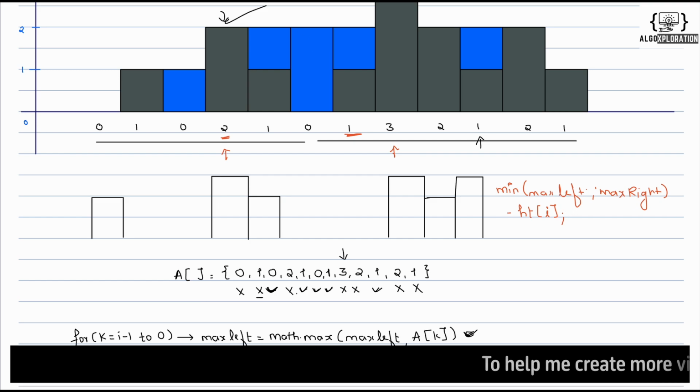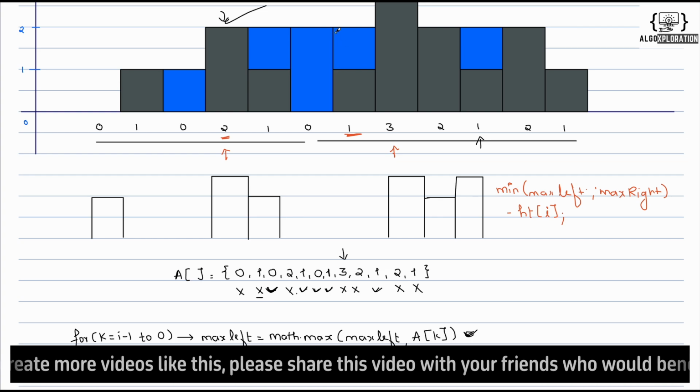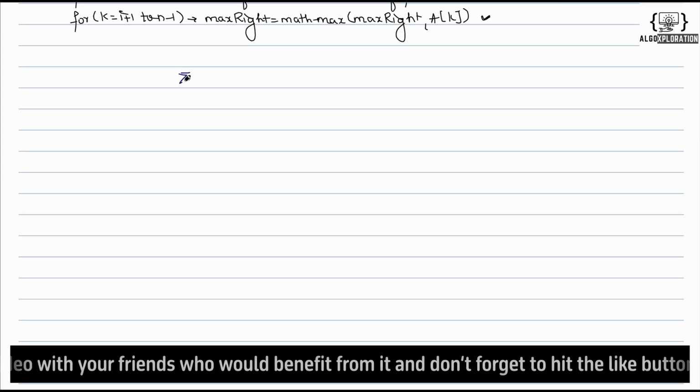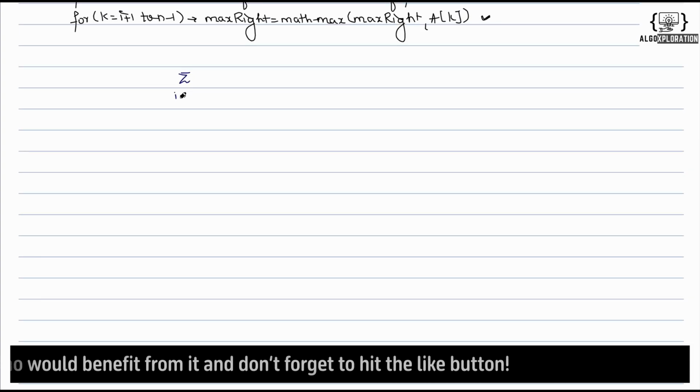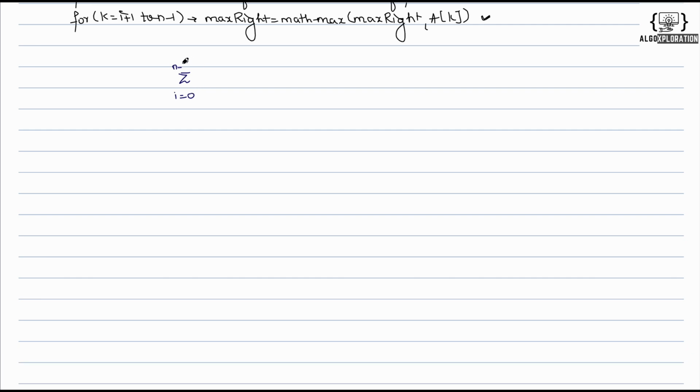Now after getting all the number of blocks that each building is going to store, we have to sum it all, right? So the summation, where i will be running from 0 to n minus 1, of the minimum of maxLeft comma maxRight.